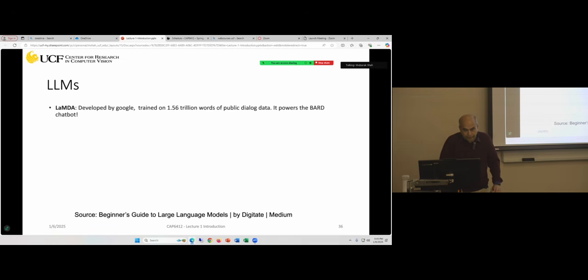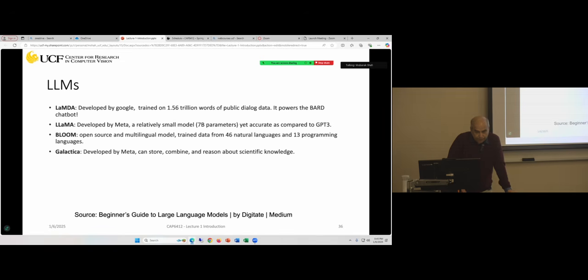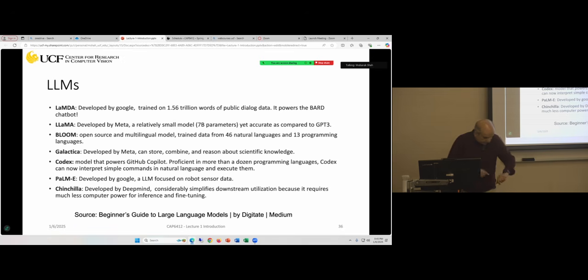The very initial LLMs were LaMDA, developed by Google, trained on 1.56 billion words. Then Llama from Meta, the initial version with 7 billion parameters. Bloom, Galactica, Codex, PaLM-E from Google, and all those things.